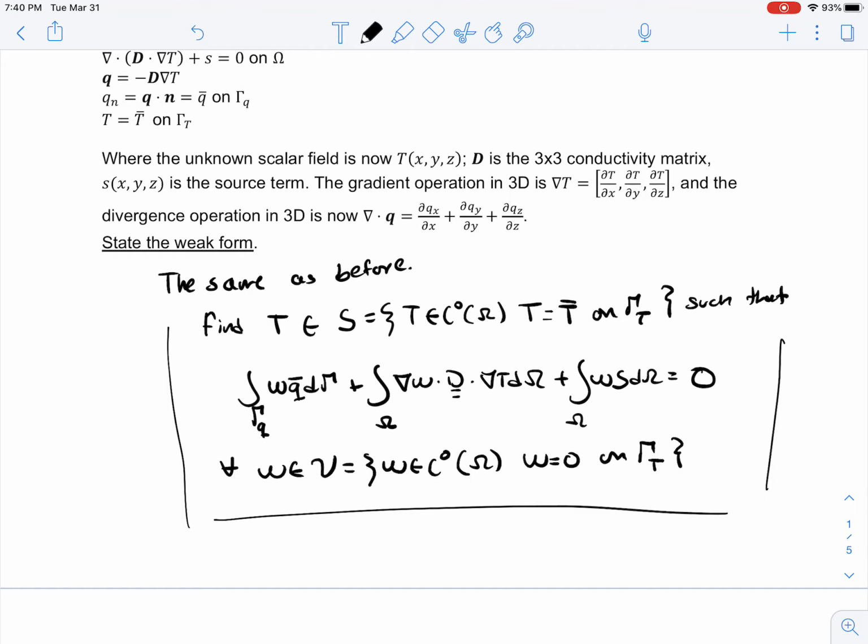That's it. So the weak form is exactly the same because the definitions of the gradient, the dot product, the divergence, all of that looks the same between 2D and 3D. So there's no change. So that's it for problem 2.